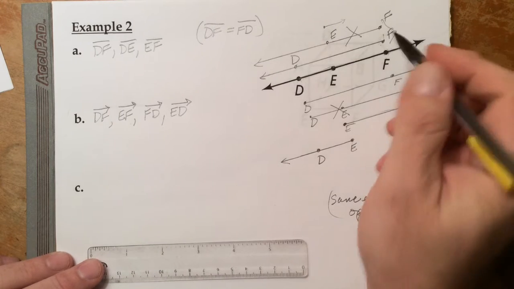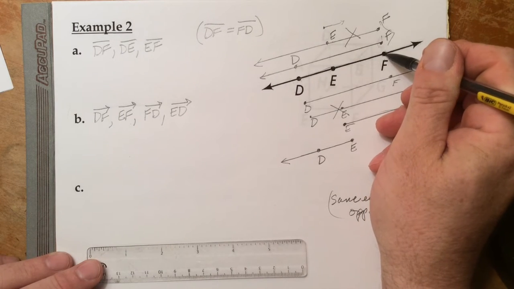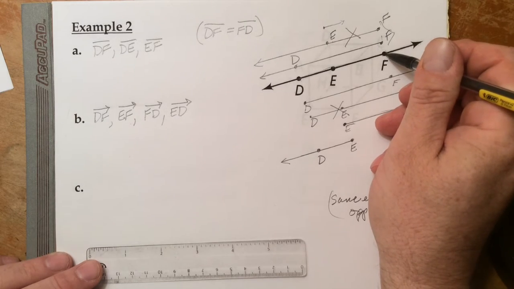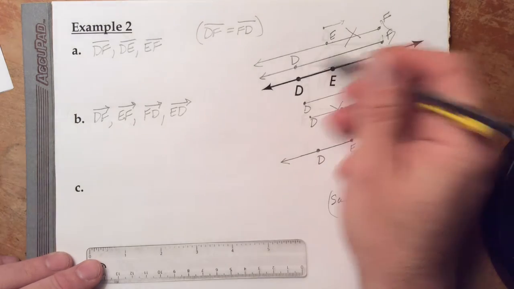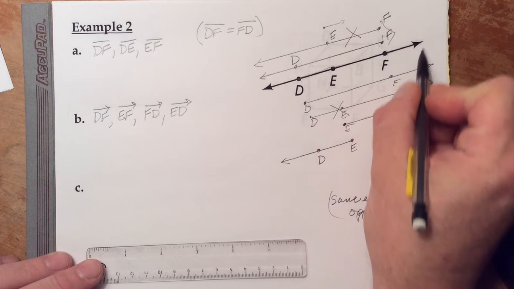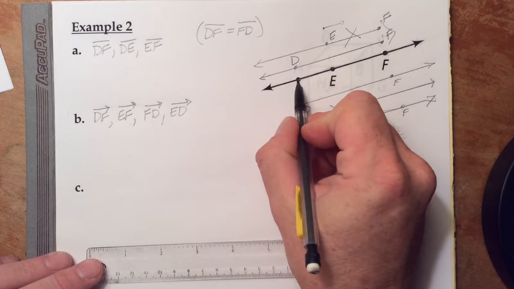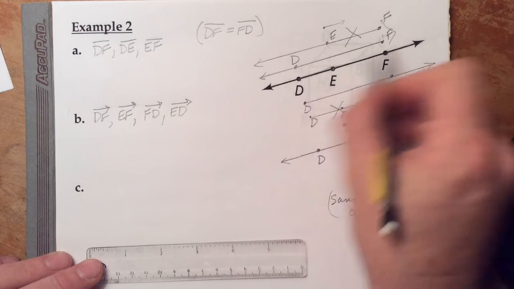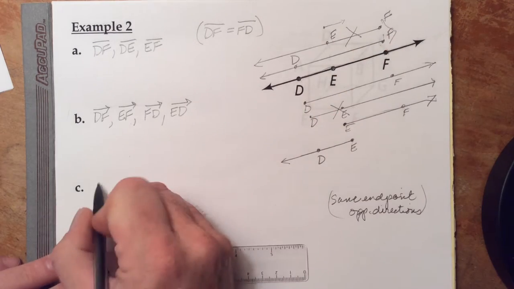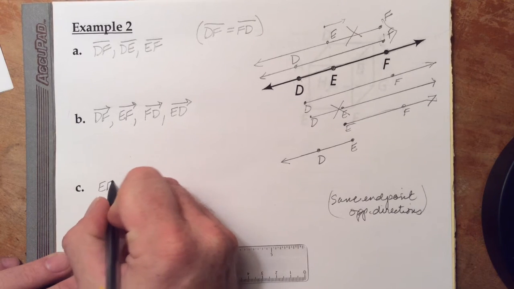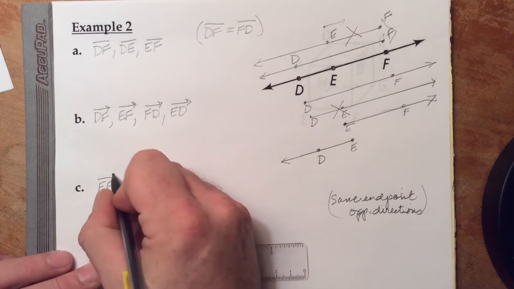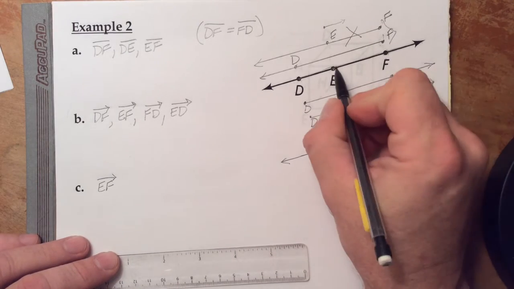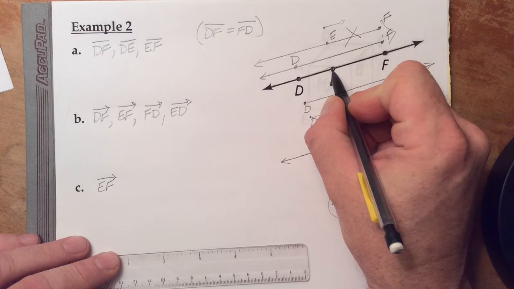So opposite rays. Well, F is not common to both rays here. We've got one going off this direction, and going off this direction there's no point to name. And the same with D. The only point we can use as a common endpoint for opposite rays in this particular picture is point E. So ray EF, this one right here, and ray ED going off in the opposite direction.